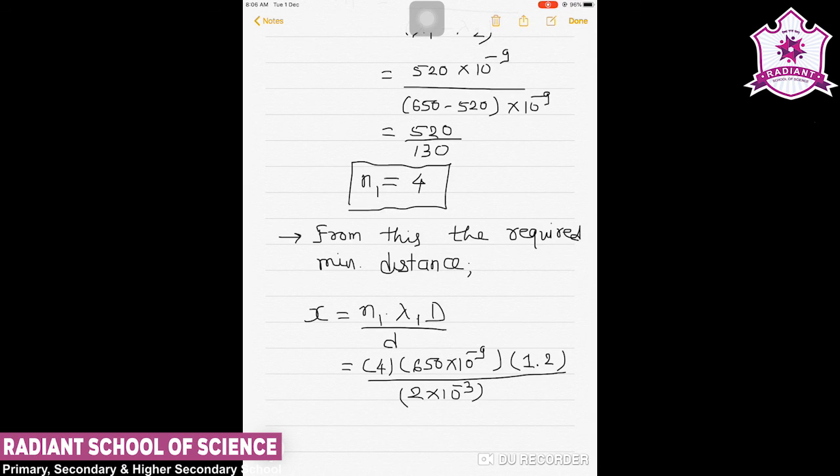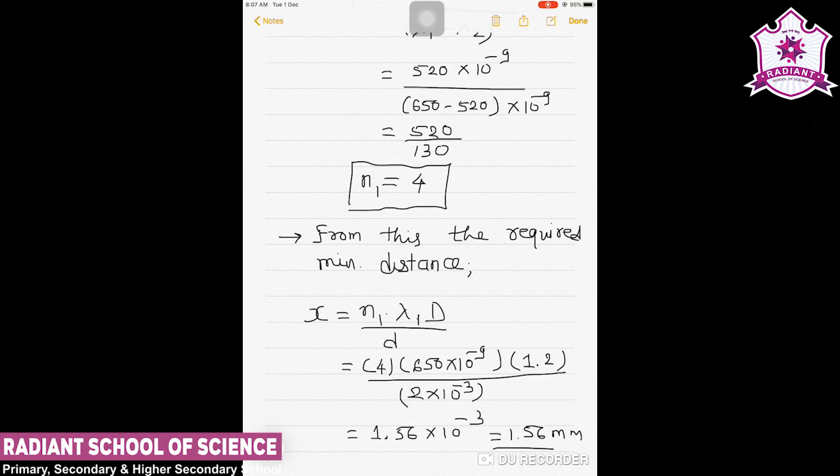So now when we simplify this, we get 1.56 into 10 raised to minus 3, that is 1.56 millimeter.